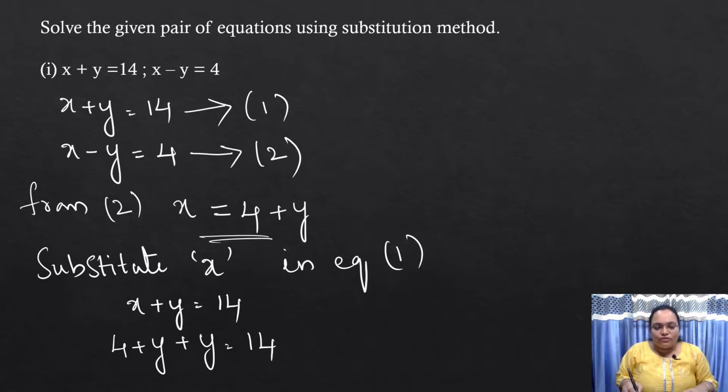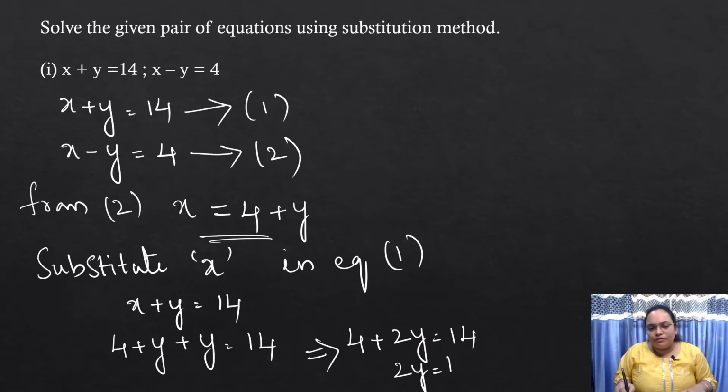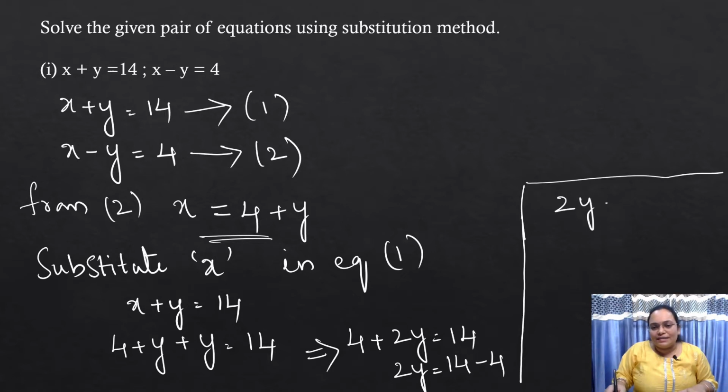Now from here you will get 4 + 2y = 14. This will be 2y = 14 - 4 if you send 4 to the RHS. 2y = 10, y = 10 divided by 2, which is 5.